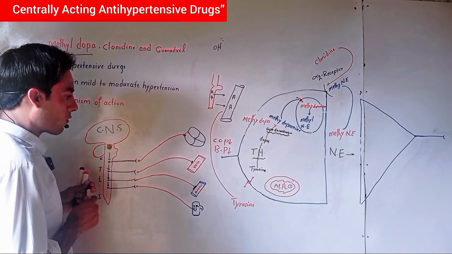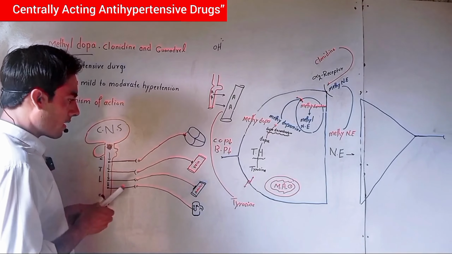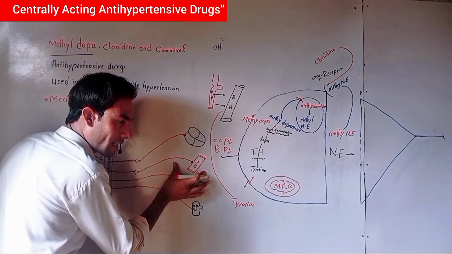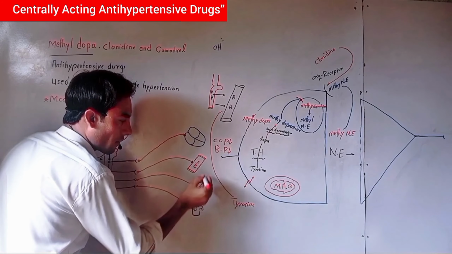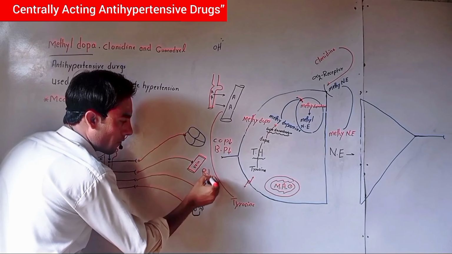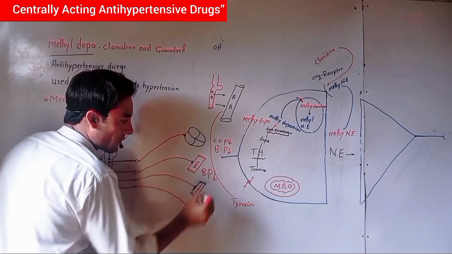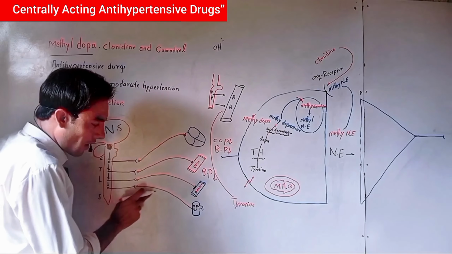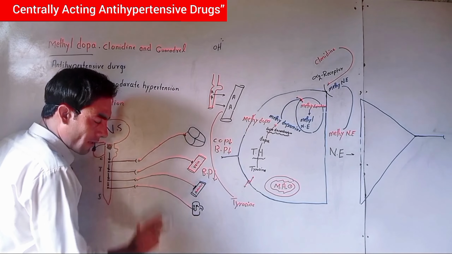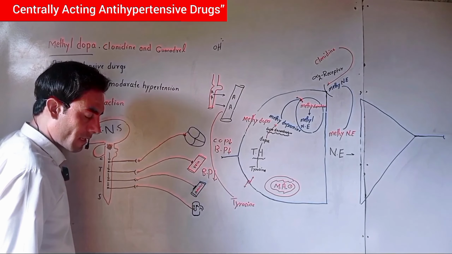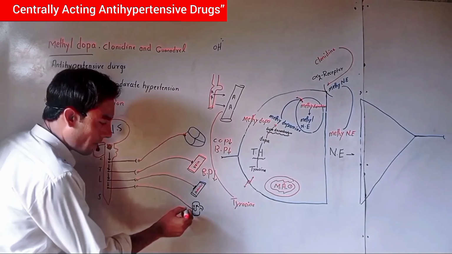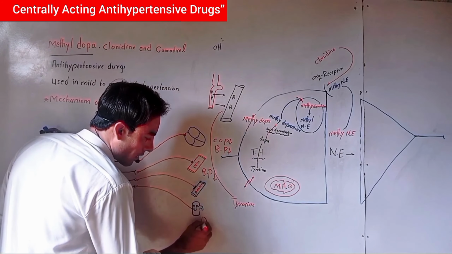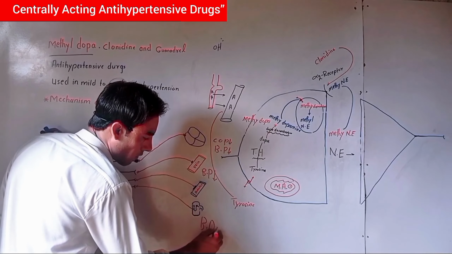When tone is inhibited, the blood vessel is dilated, and BP goes down. Another function: the neurons going toward the juxtaglomerular apparatus are inhibited, which inhibits the release of renin. As a result, BP goes down.